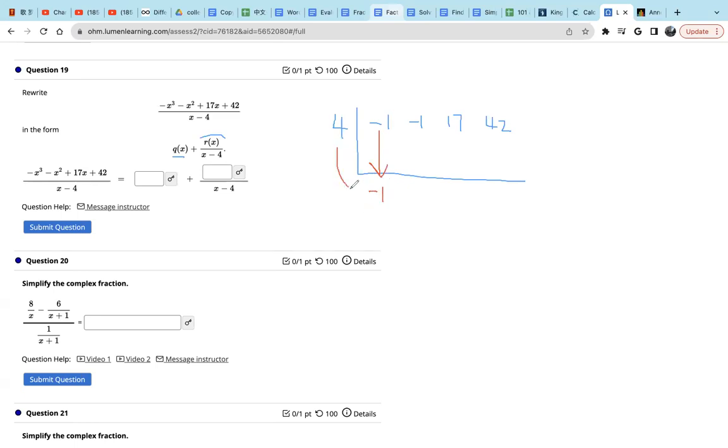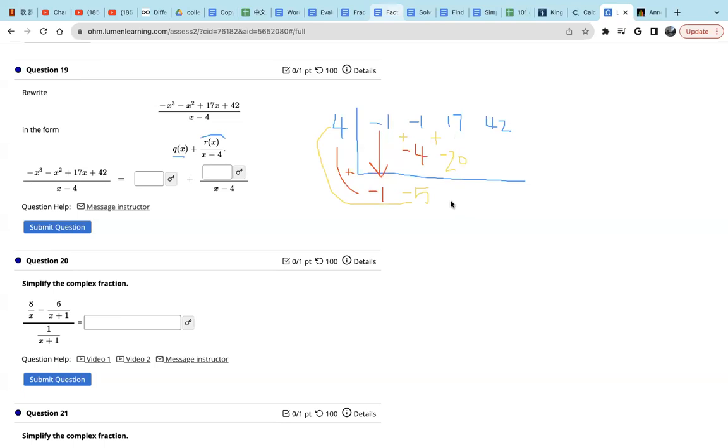Then I multiply -1 with 4. That's -4. I write down over here, -4. Then I add those two. I get -5. Then I multiply -5 with 4. I get -20. I add those two.